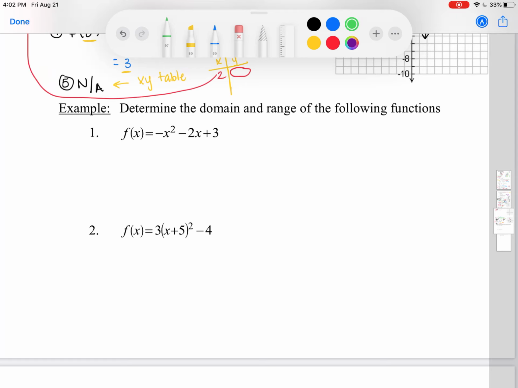So here on question 1, we have standard form, which means we have an A value of -1, a B value of -2, and a C value of +3. Our A value here is going to tell us that we are now going to open down. So we are going to have a graph, I'll just do a quick sketch here, a graph that's opening down.